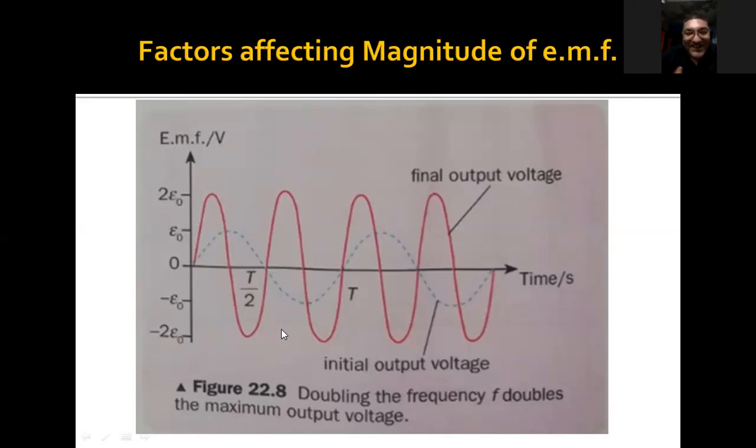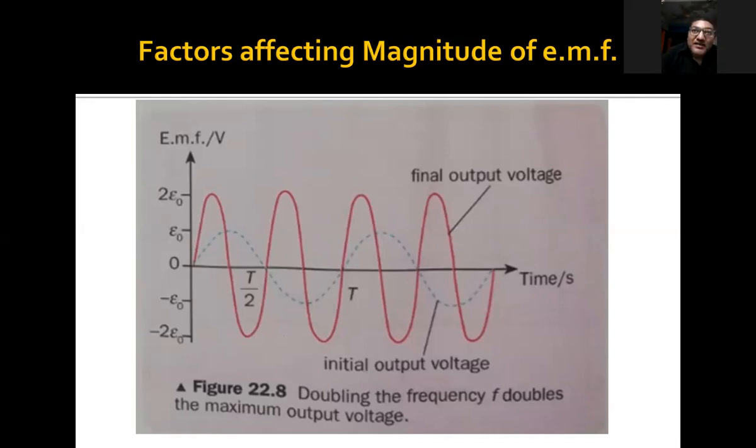So the frequency of the induced current is double. The time period is half. The frequency has become double. The amplitude has become double. When you double the rotation frequency of the coil of the AC generator, the EMF or the current induced by the generator will have its magnitude become double, the current also and the EMF also.